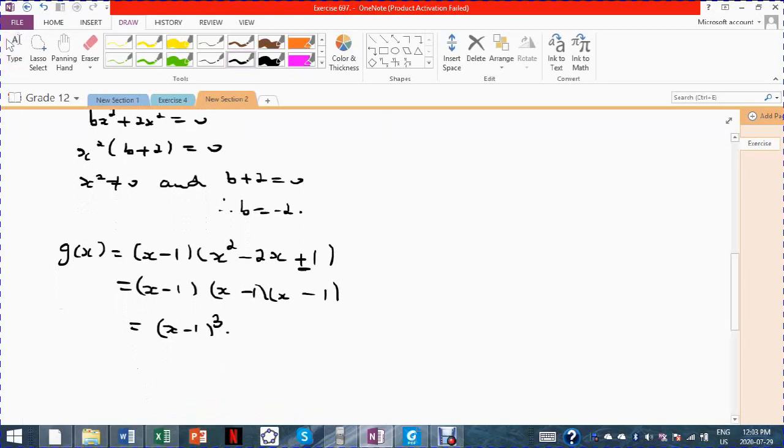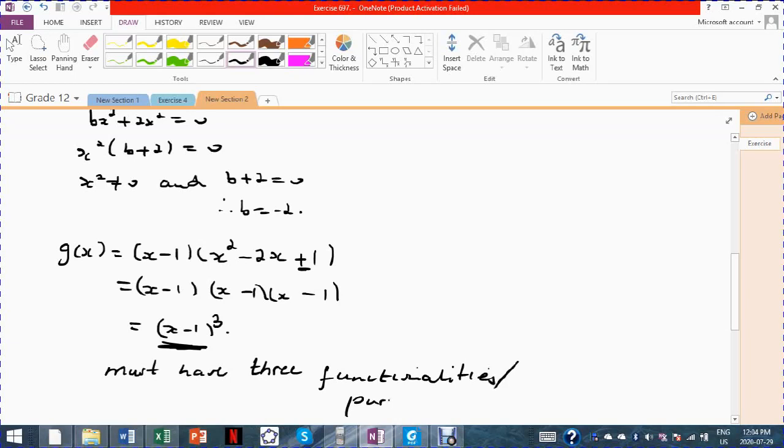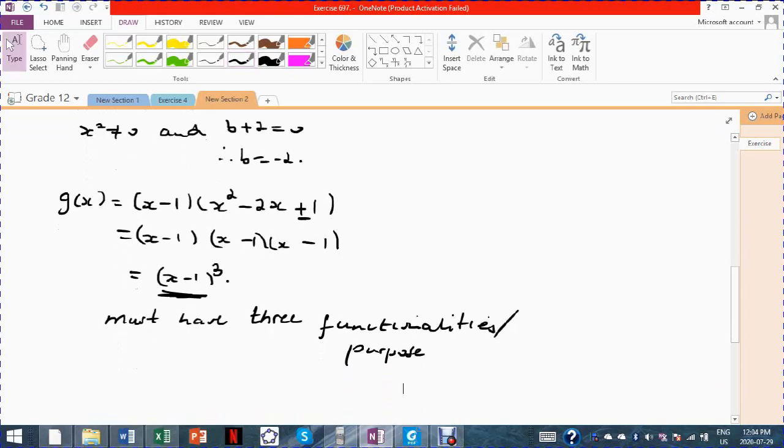And now this actually has a purpose. It means this root must have three purposes, three functionalities actually, in this order. Number 1 will be the x-intercept.